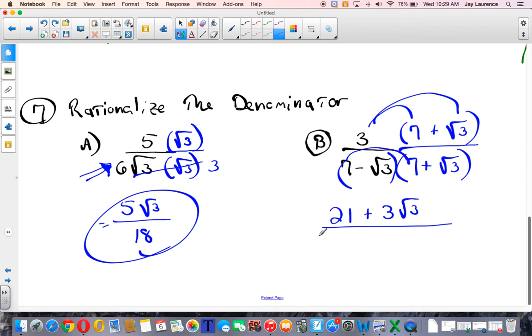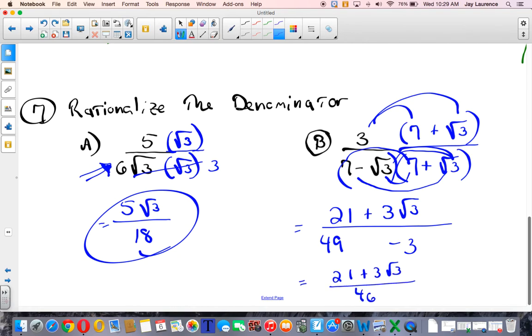So I'm going to get 49, and over here I'm going to get a minus 3. Now this is a negative 7 rad 3, and this is a positive 7 rad 3, so they're going to cancel. So all I have left to do is simplify my denominator a little bit. 21 plus 3 rad 3 over 46.